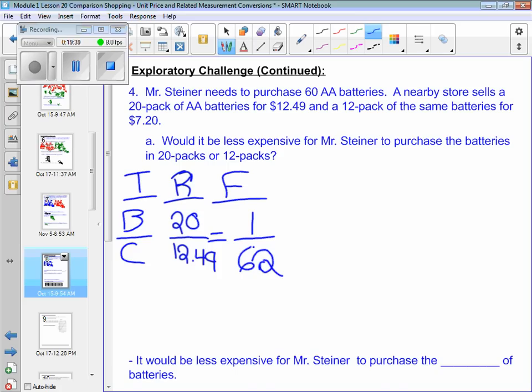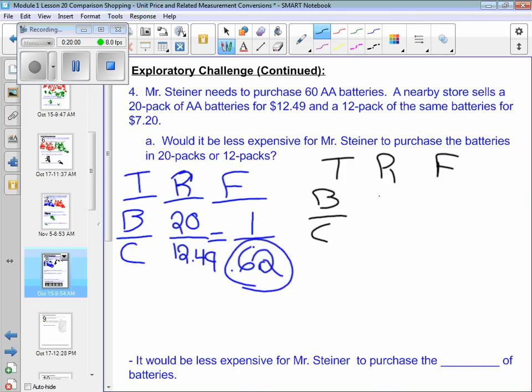Okay, 62. Put a decimal here. 0.62. Okay, do the 62 cents. Okay, do the 12 pack. This should work out evenly, right? 0.60. All right, put your decimal in.